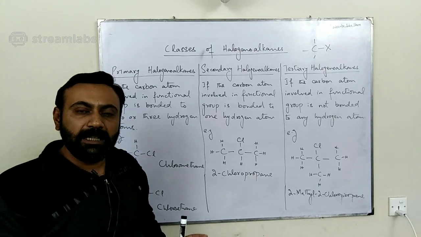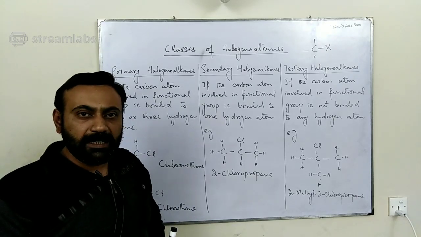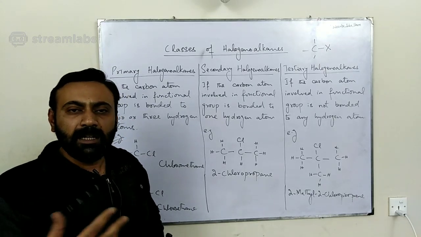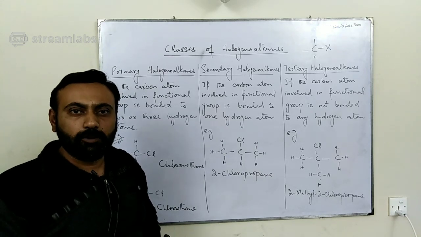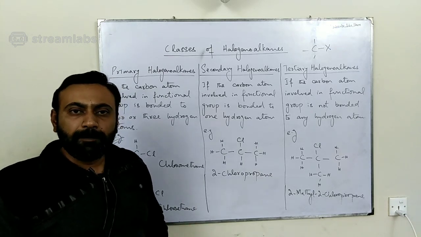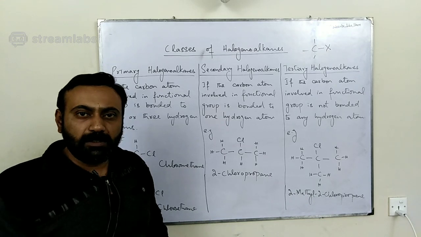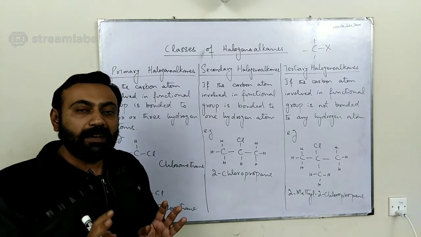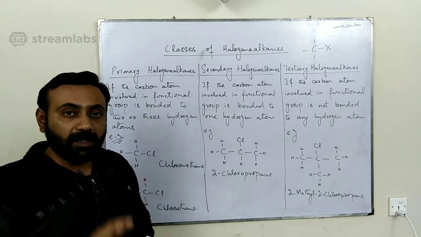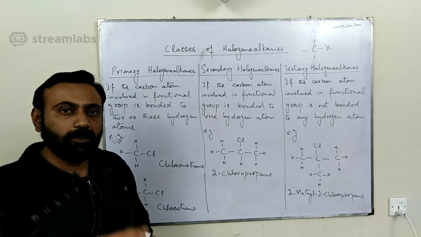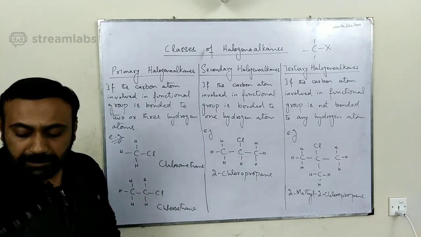One of them may be a primary halogenoalkane functional group and the other one may be a secondary halogenoalkane functional group, or both of them may be secondary or primary or tertiary halogenoalkane groups. So you have to classify each of the functional groups present in the molecule if there is more than one functional group present.